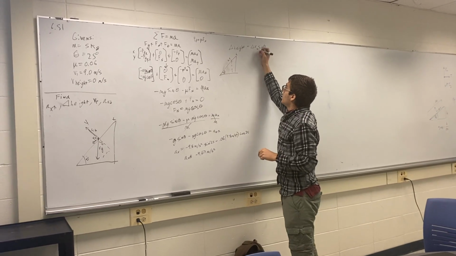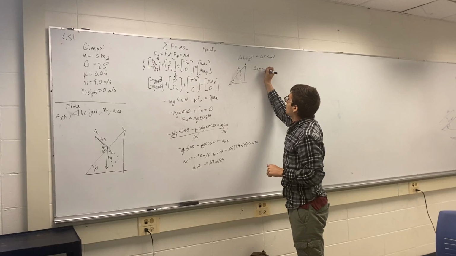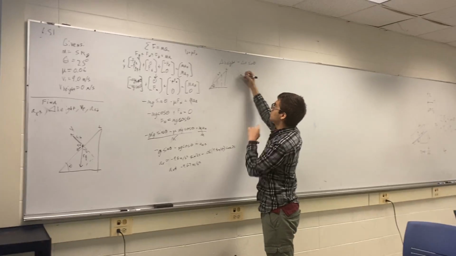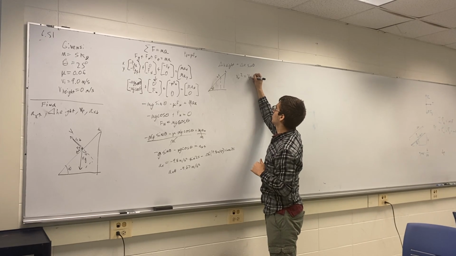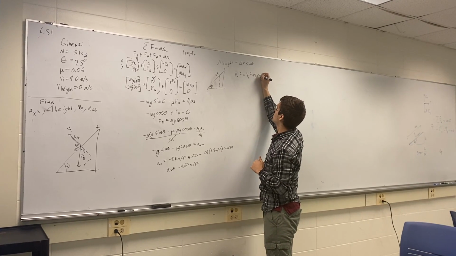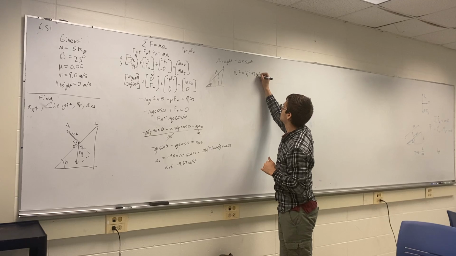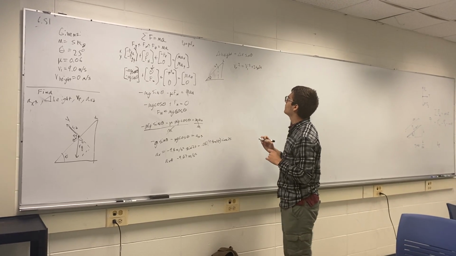So from there, we need to find our change in x, and we can do that using our third kinematic formula, which is velocity final squared equals velocity initial squared plus 2a change in x. This will be our up direction.